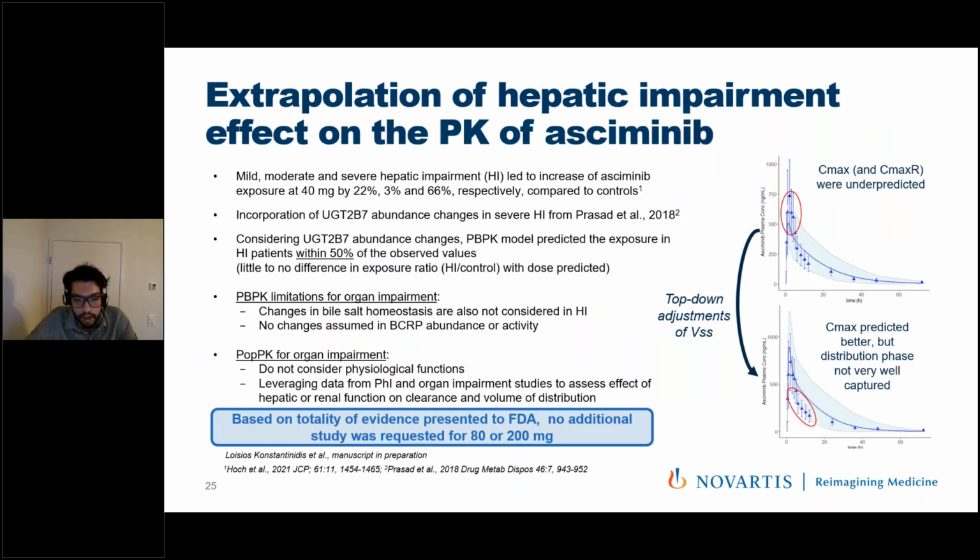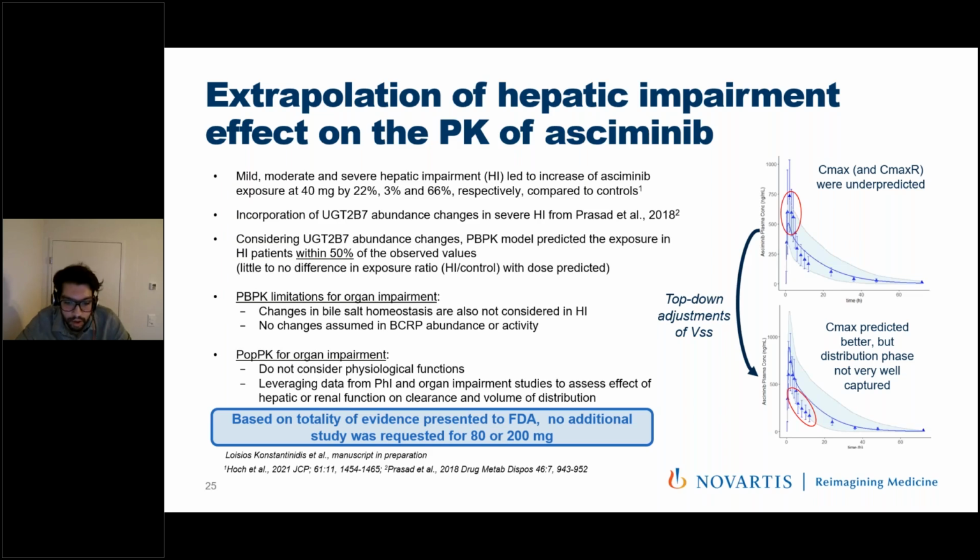The last application I have included as part of this presentation was the extrapolation of the hepatic impairment effect on the PK of asciminib. As you can see from the clinical study at 40 milligram, there was an increase of about a maximum of 56% in the exposure of asciminib in severe hepatic impairment when compared to healthy individuals.